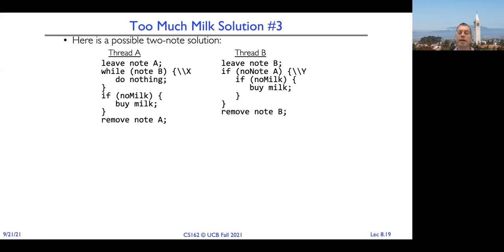So in other words, thread A will not execute, will not buy the milk, will not even look at whether there is milk in the fridge, if thread B has checked and already went to buy milk.